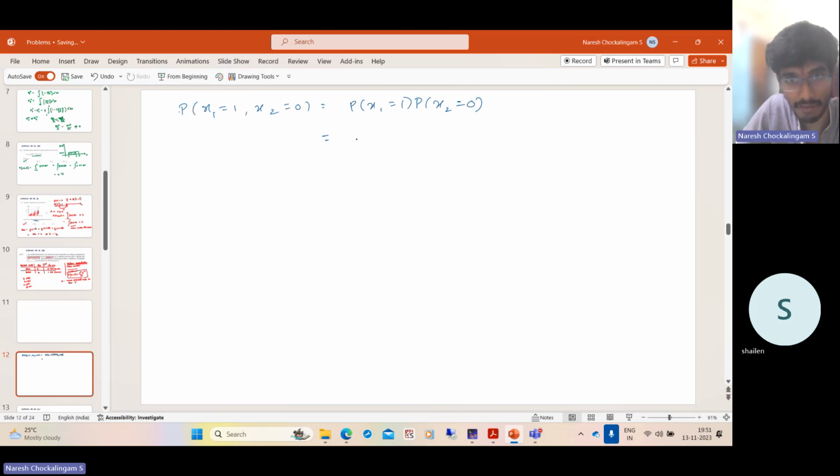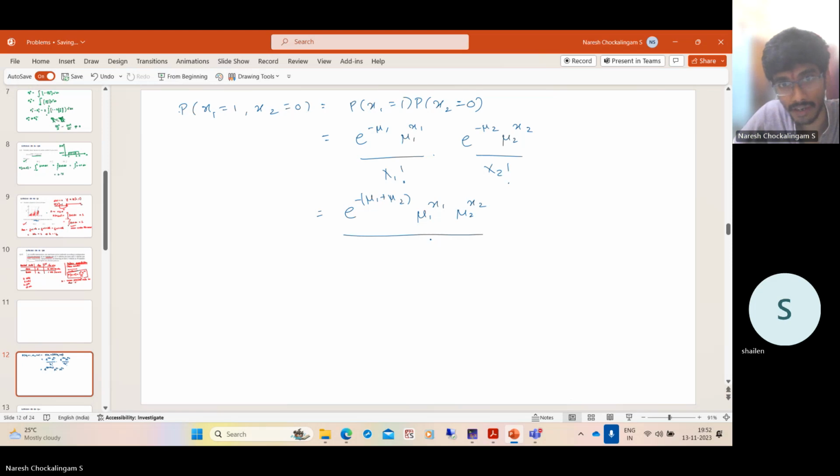So this is equal to e power minus mu1, mu1 power x1 divided by x1 factorial, into e power minus mu2, mu2 power x2 divided by x2 factorial. I can combine the exponentials, and you get e power minus (mu1 plus mu2), mu1 power x1, mu2 power x2 by x1 factorial, x2 factorial.